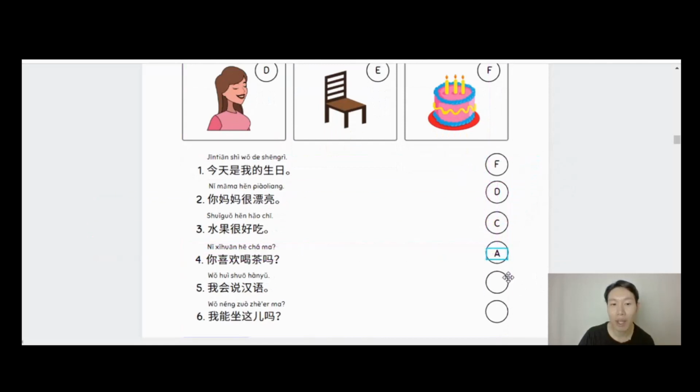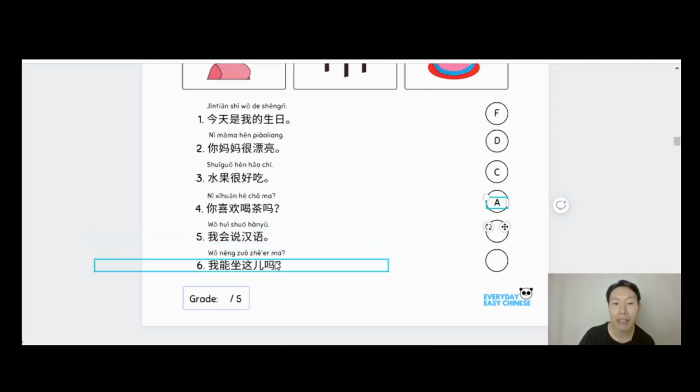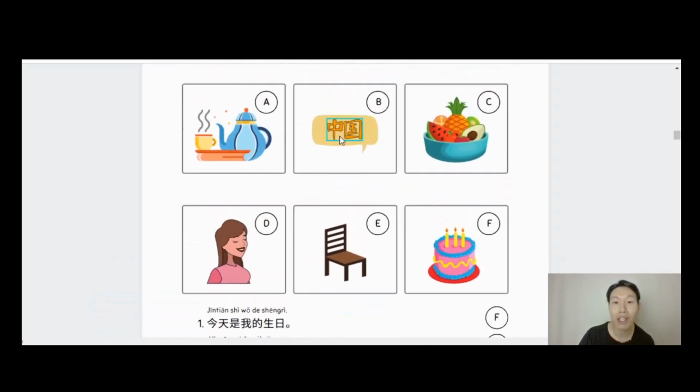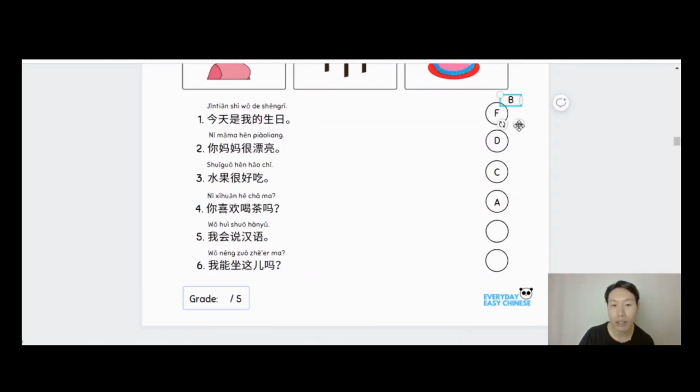我会说汉语. So obviously we can see speak and we can see 汉语, so some type of language. So over here we see Chinese words, so the answer is B. Which leaves us with only one answer left.